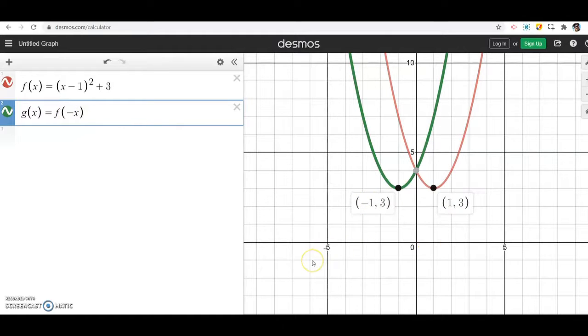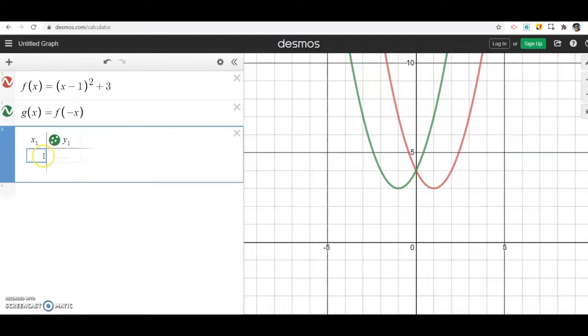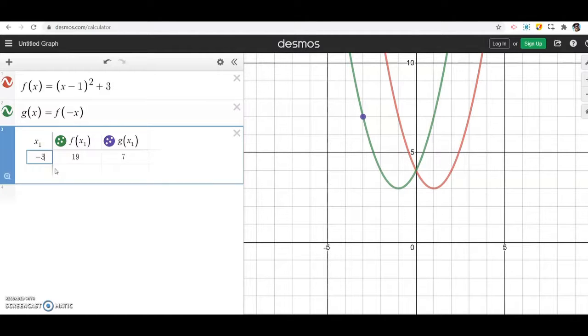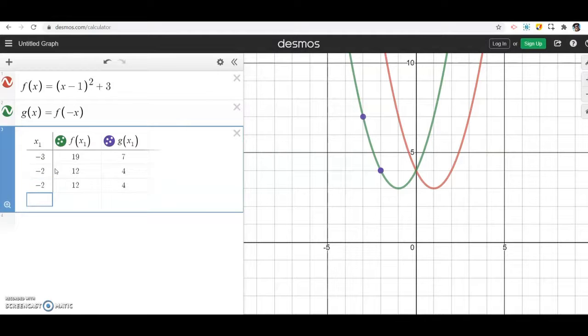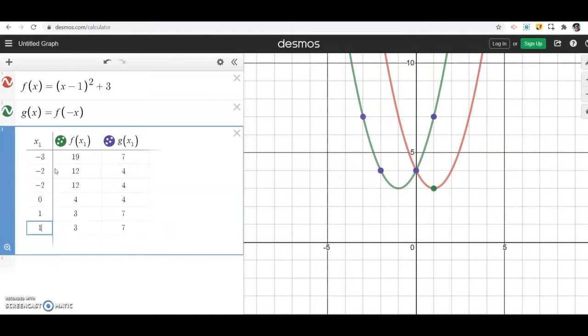I know it's kind of weird to see, but now let's put our table back in and change this to f of x1, g of x1, and let's go with a couple negatives: -3, -2, -1, 0, 1, 2, 3.